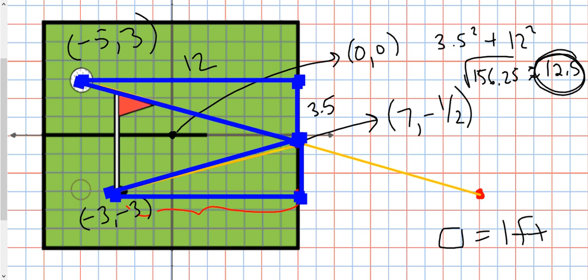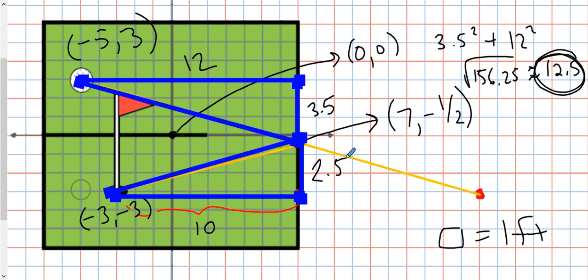As we're looking at our measurements, it looks like it would be 10 on the bottom here, and from -3 to -1/2 is 2.5.